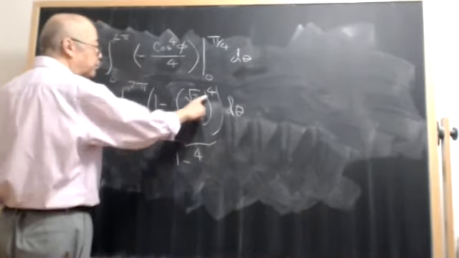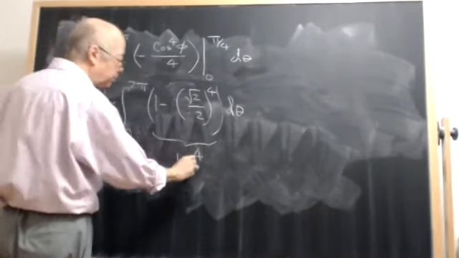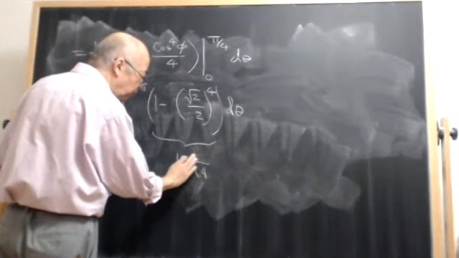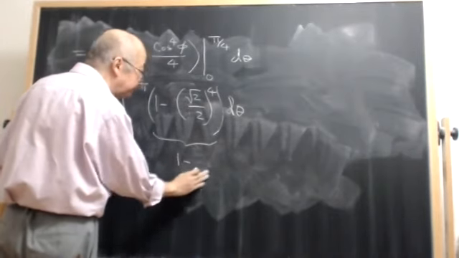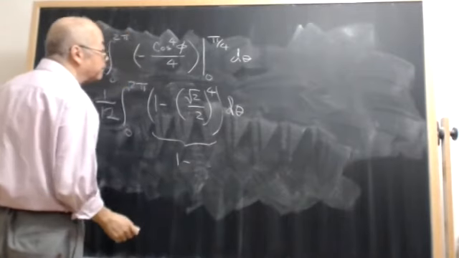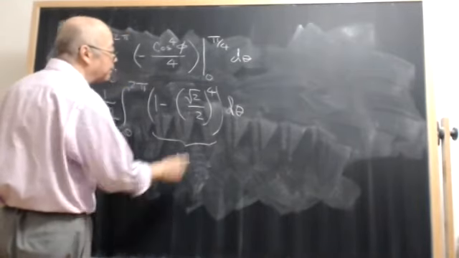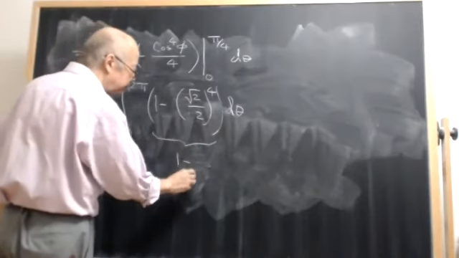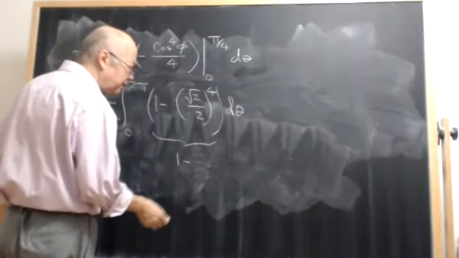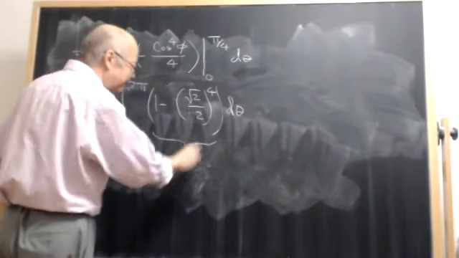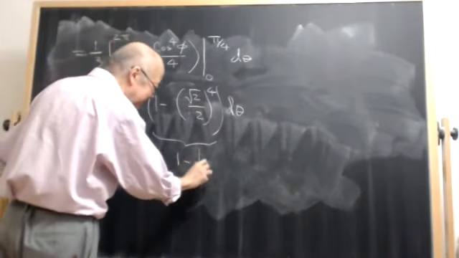And then 2 to the 4 is 16, which cancel to give me 1 over 4.